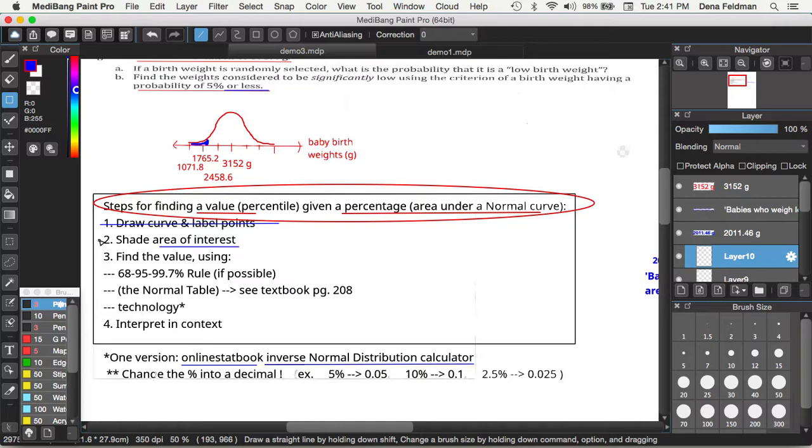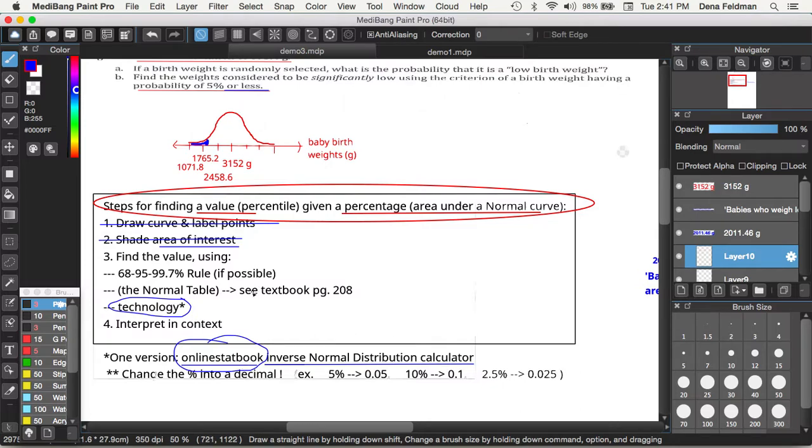So I've drawn the curve, labeled the points, shaded the area of interest, and I'm going to use technology called the inverse normal distribution calculator. There are many versions online, but the one created by Online Statbook I find to be one of the easiest to use.